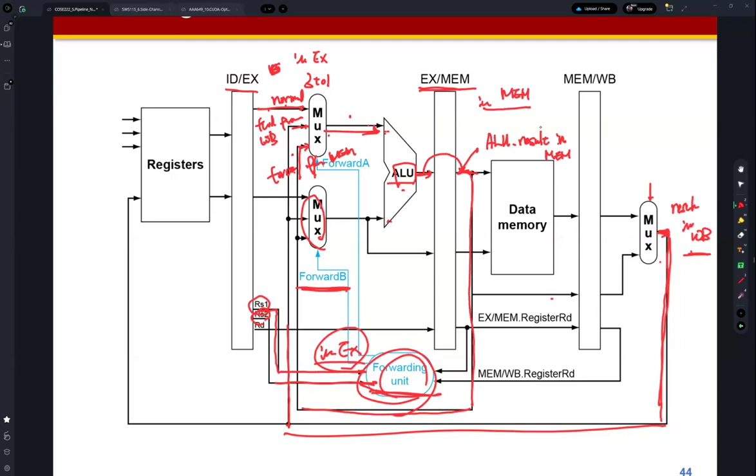And for the RD data, the forwarding unit receives one RD from here. What is this RD? This is the RD in the memory stage. And what is this RD? This is the RD in the write back stage. Then we can just check the equality.